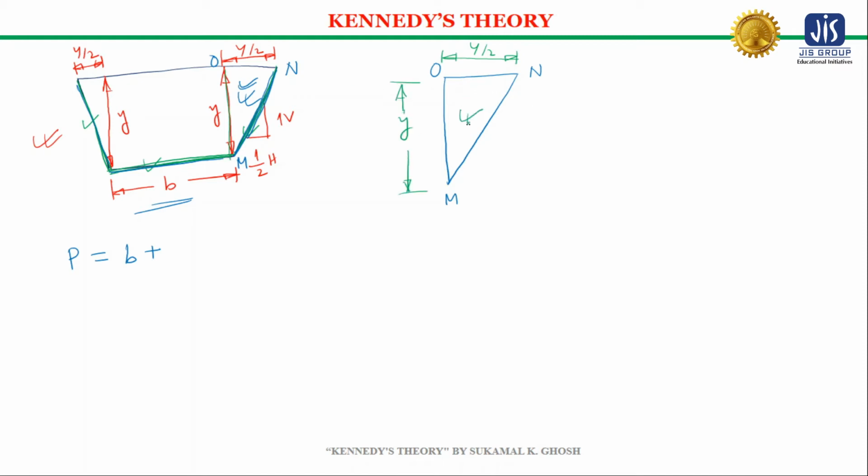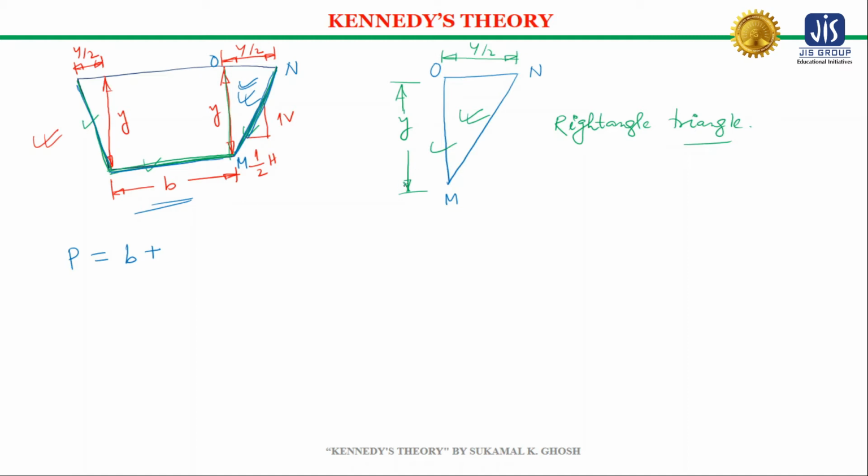If you look at this figure closely, you may understand that this triangle is a right angle triangle. Since it is a right angle triangle, we may apply the Pythagoras theorem.